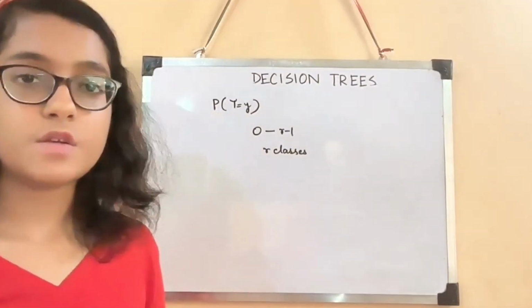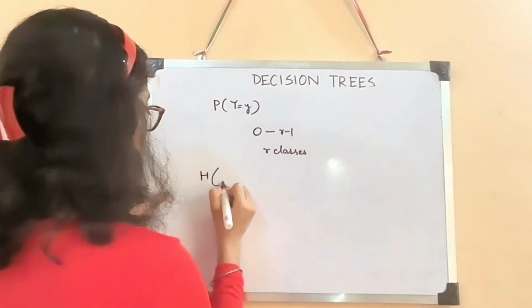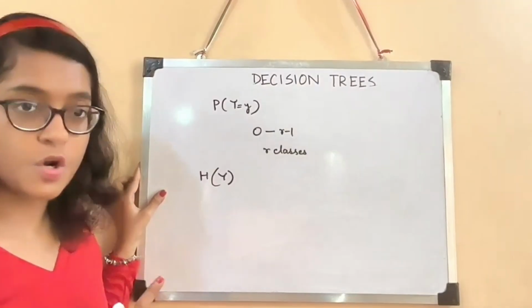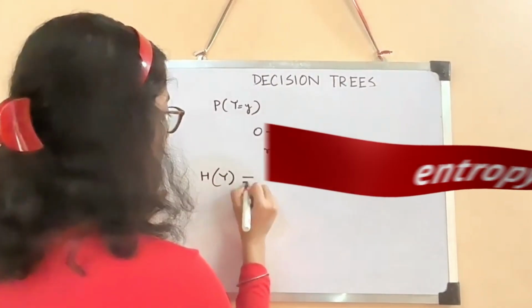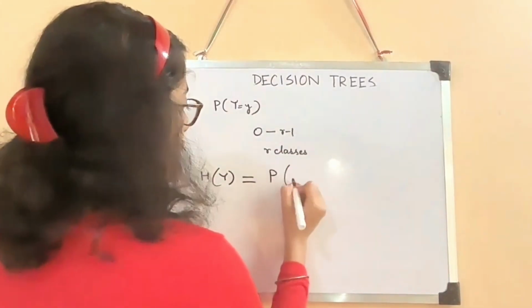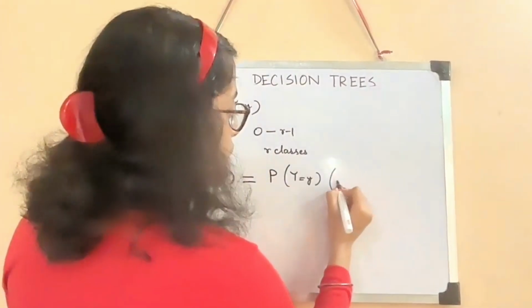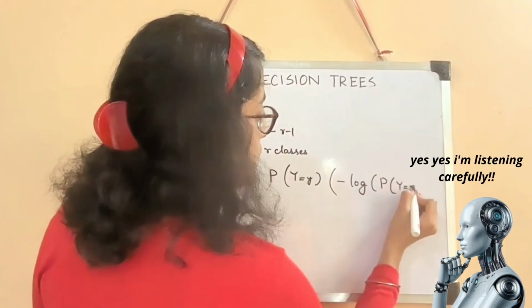Now the next thing that comes is H of y. This is a very important term that we are going to use. This is entropy. Why we are doing that, I'll get to it in a bit. So H of y is the probability of y equal to y, this term that I just mentioned. Now, listen very carefully: log of the probability of y equal to y.